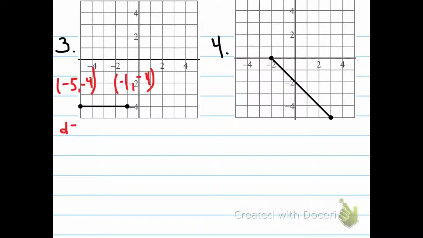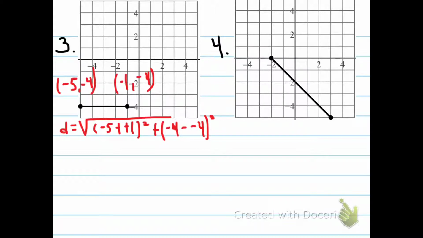So d equals the square root of negative 5 minus negative 1 squared, plus negative 4 minus negative 4 squared. So this becomes plus plus.